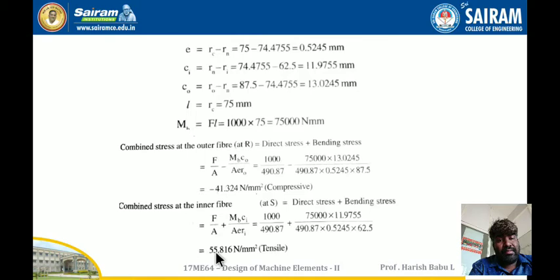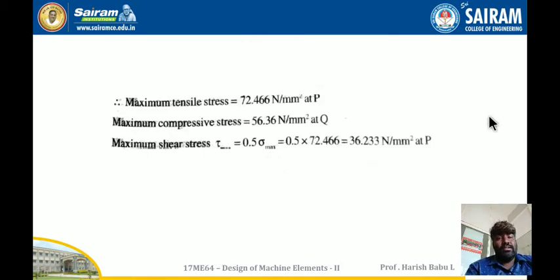I am going to get 55.816 Newton per mm square. So the maximum tensile stress will be 72.466 at point P. The maximum compressive stress will be 56.36 Newton per mm square at point Q. And the maximum shear stress, comparing both the conditions, I am going to get as 0.5 times sigma max, that is 72.466, so I am going to get 36.233.